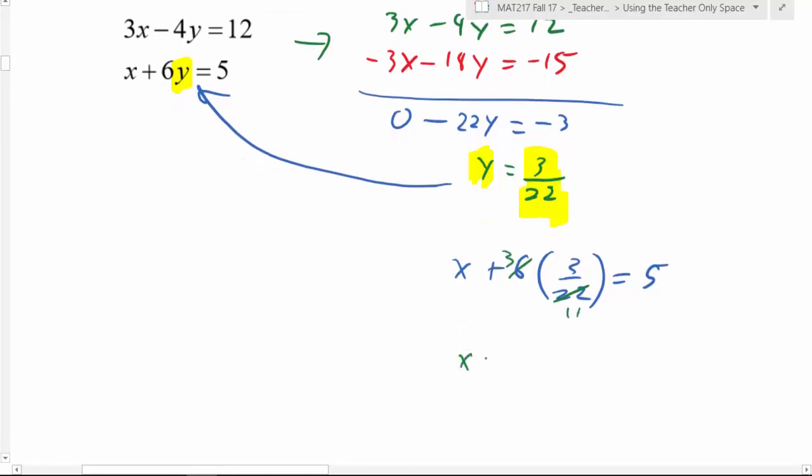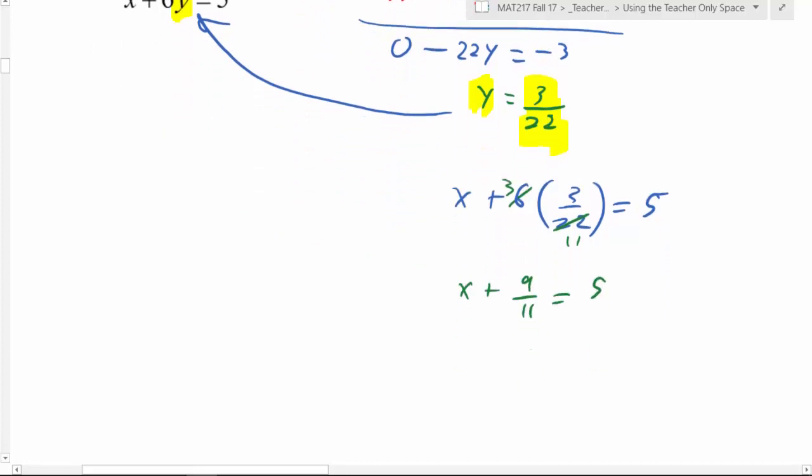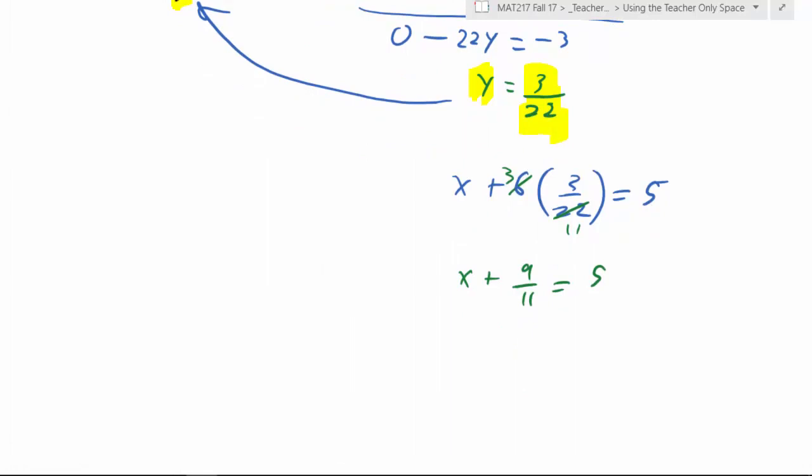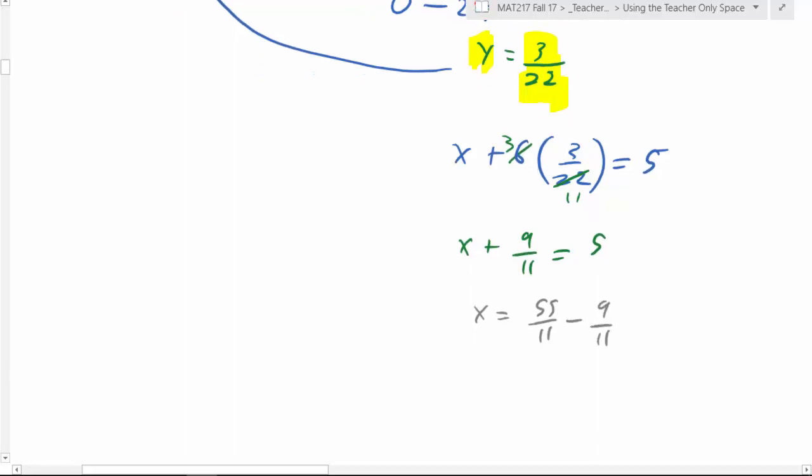So that's going to give me x plus 9/11 equals 5. So then when I subtract the 9/11 over to the other side, that'll give me x equals 55/11 minus 9/11, which simplifies to make, 55 take away 9, that would be 46/11.